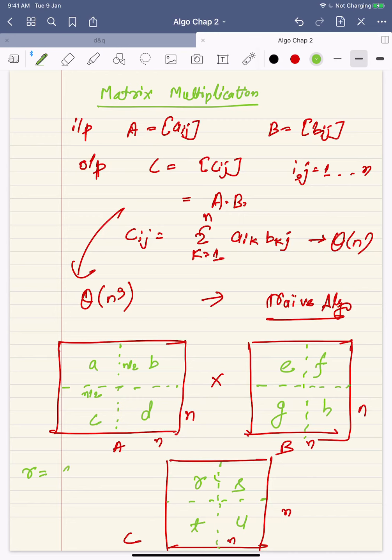So R will be AE plus BG. S will be AF plus BH. T will be CE plus DG. And U will be CF plus DH. Okay, so these are your R, S, T, U.